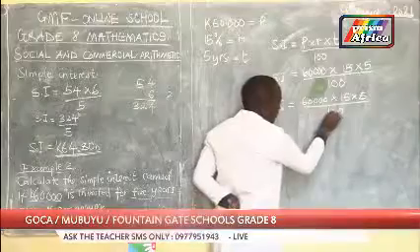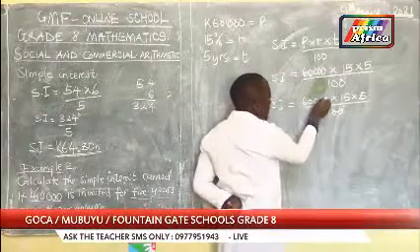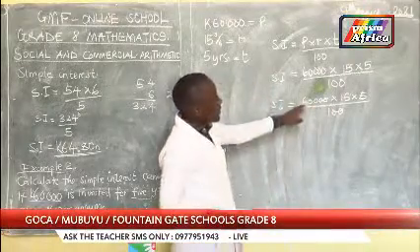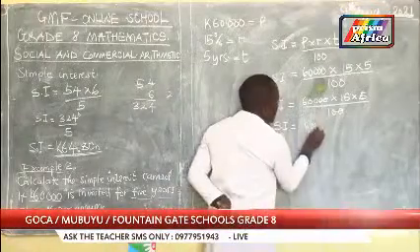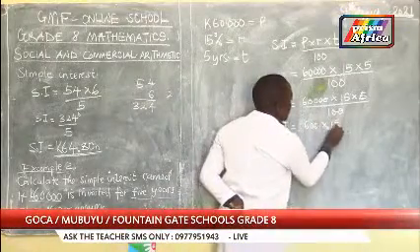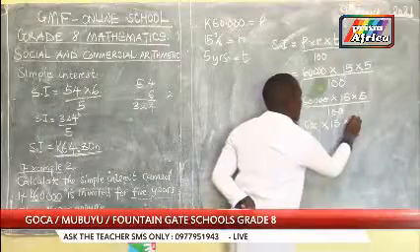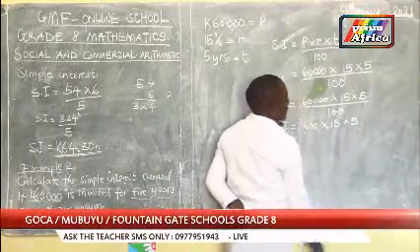So this will be divided, and we are going to have 600 multiplied by 15, then multiplied by 5.